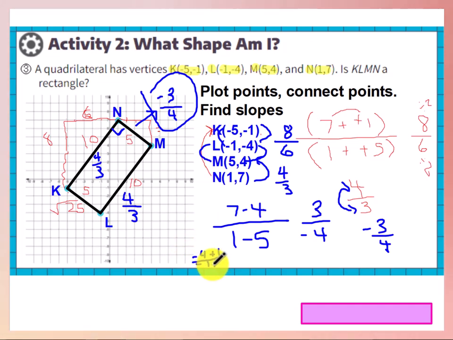So we're taking away that negative 5, adding 5. So that simplifies to negative 3/4, which is the opposite side's slope. So we can see that opposite sides are parallel, consecutive sides are perpendicular. So this is a rectangle. This quadrilateral is a rectangle.